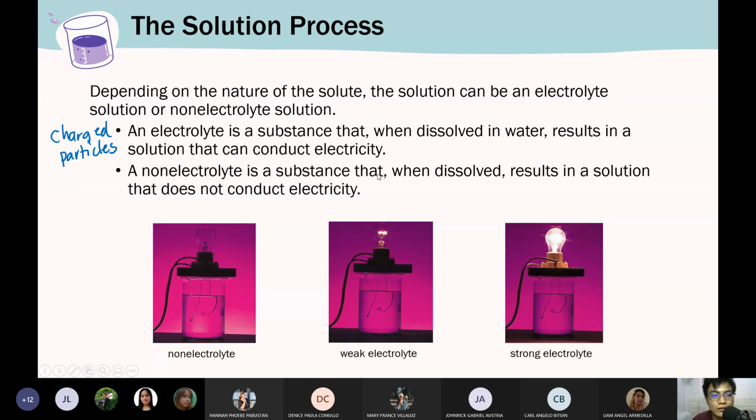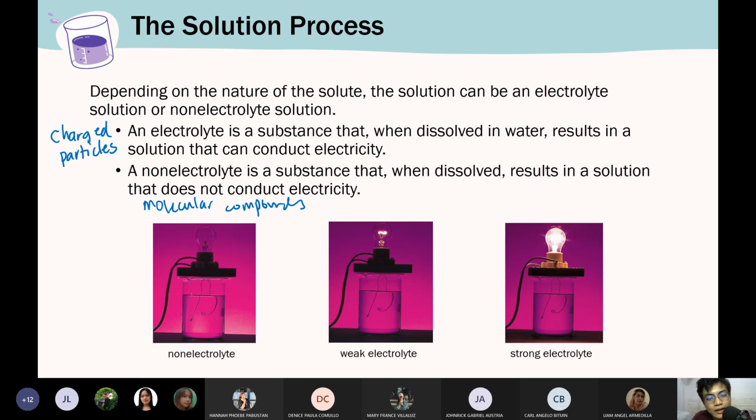Wala siyang kahalong other ions. Okay? And for the non-electrolyte, edi yun yung any compounds, no? Specifically, molecular compounds lang. An example ng molecular compounds, your sugar. Okay? So, sugar doesn't conduct electricity.